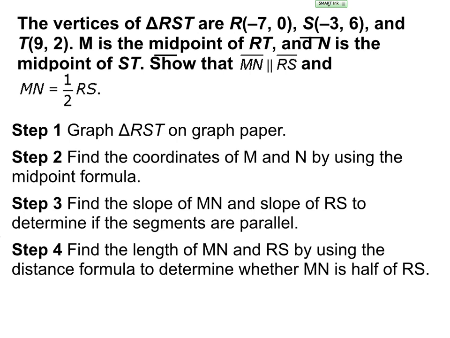Then we found the slope of the midsegment and the side of the triangle. What were we looking for to see if they're parallel? We need the same slope. And the last step we did was length. What formula did we use? Distance formula. And probably if you simplify it in square roots, you'll be able to justify that the one length is half of the other.